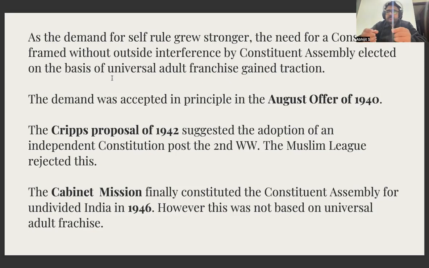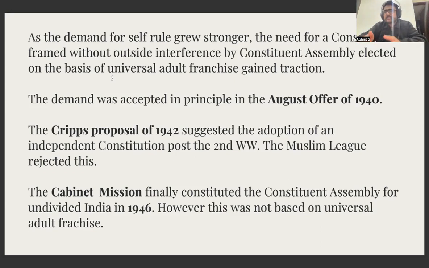Now, when the demand for the constitution of a constituent assembly was made, most people, especially Jawaharlal Nehru, had made an additional demand that the members of this constituent assembly should be elected through universal adult franchise.